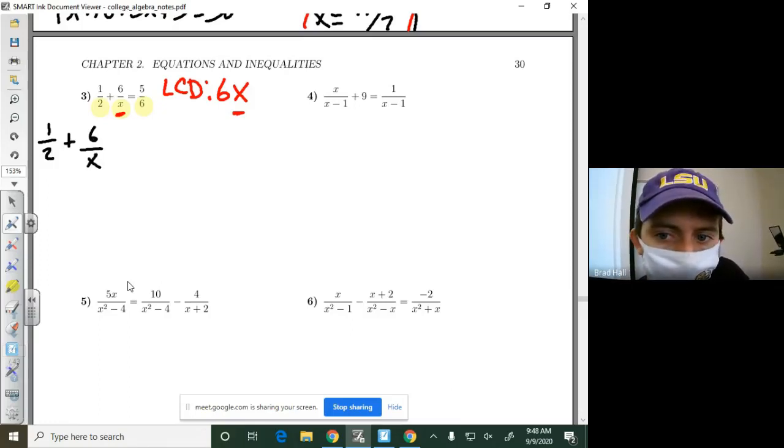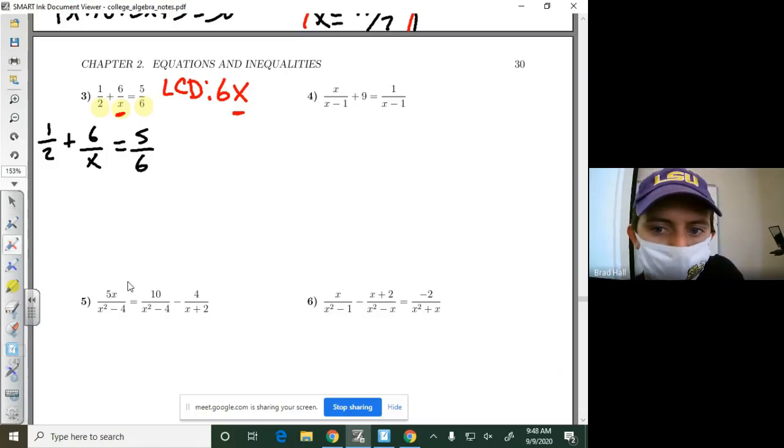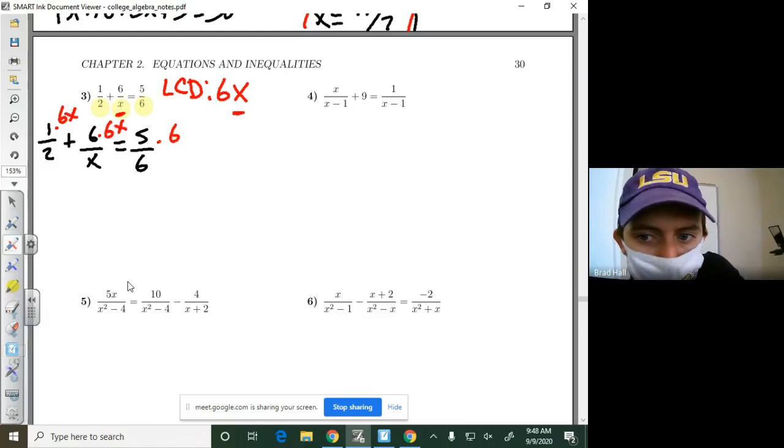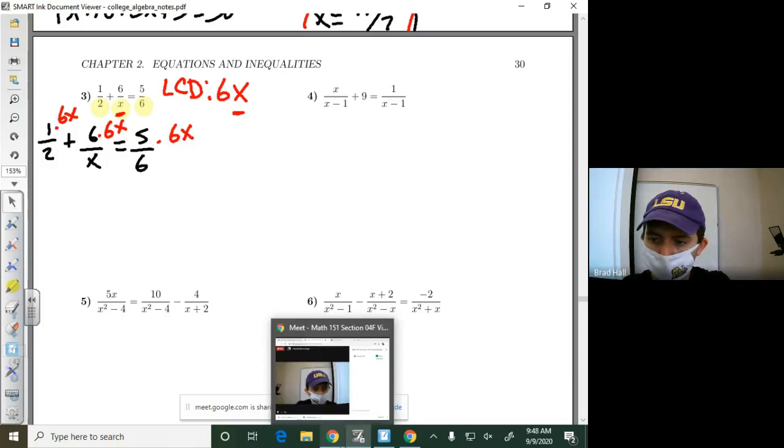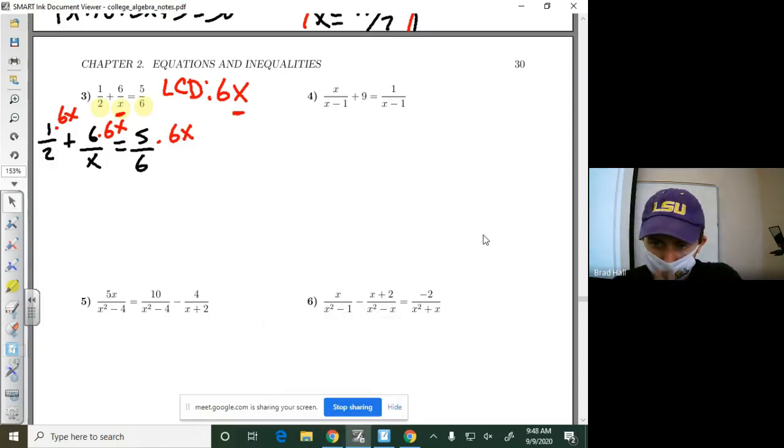So I'll go ahead and rewrite this. And now I'm going to apply this least common denominator. You multiply every term by the least common denominator. And so now we want to see how that least common denominator associates with the current denominator.